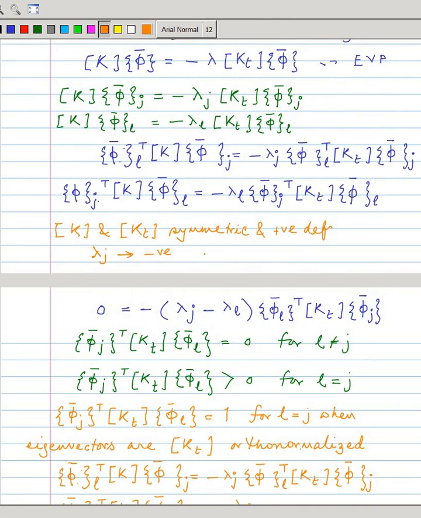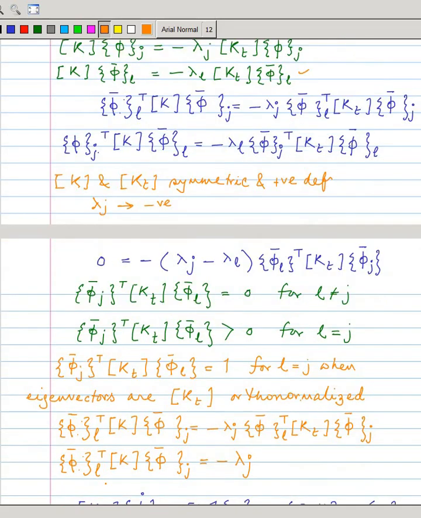So if you remember, we are starting from here, and if you pre-multiply by phi j transpose, you get phi j.